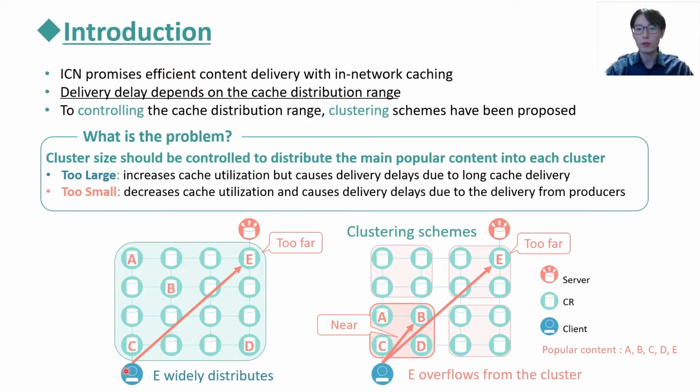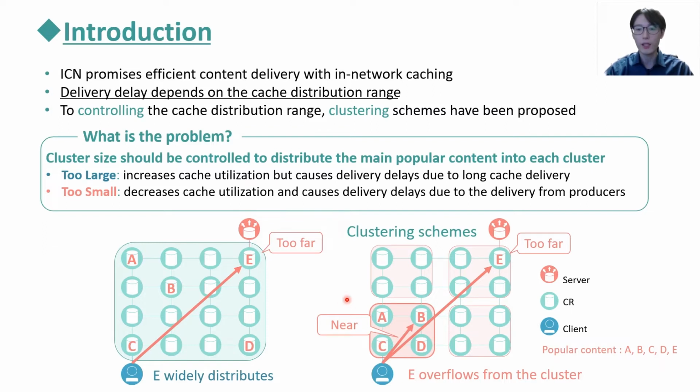As one approach to controlling the cache distribution range, clustering schemes using hash routing have been proposed. They have a trade-off between the cache distribution range, that is cluster size, and delivery latency. So, the cluster size should be controlled to distribute the most popular contents into each cluster.